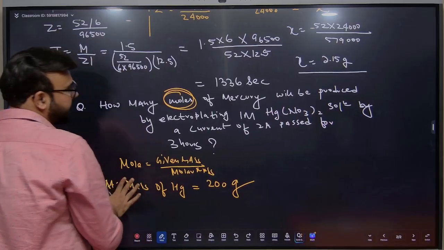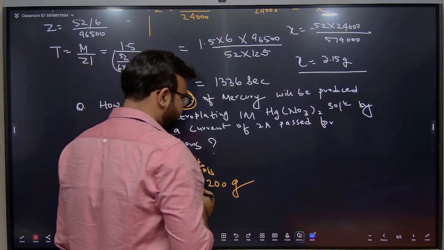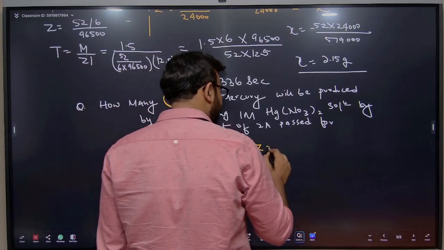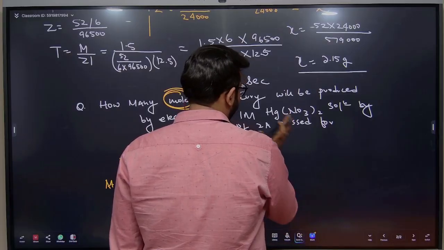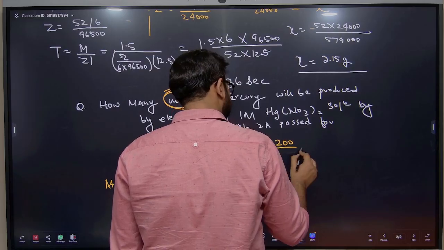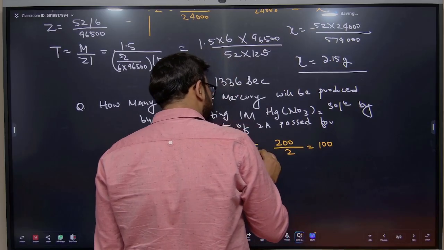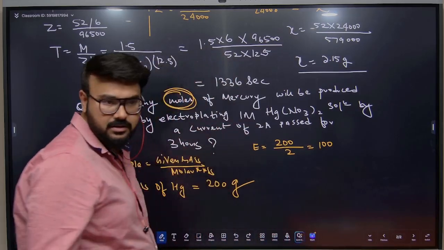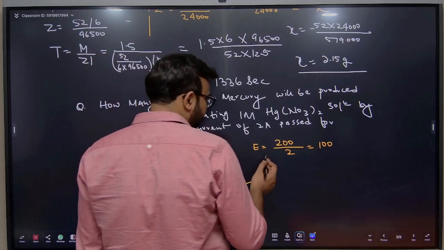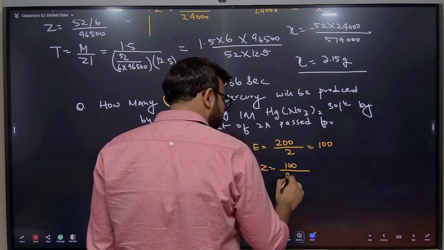So guys, we need to first calculate the mass, right? Z would be E by F. So it's 200 by, E is equal to 200, and so Z will become 100 by 96,500.